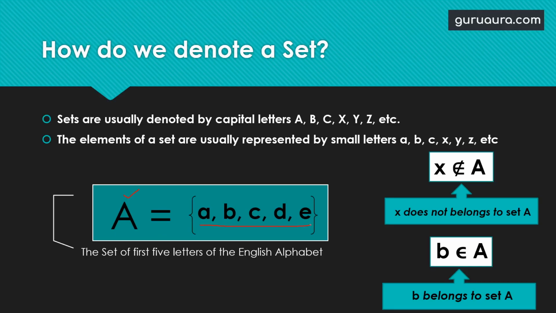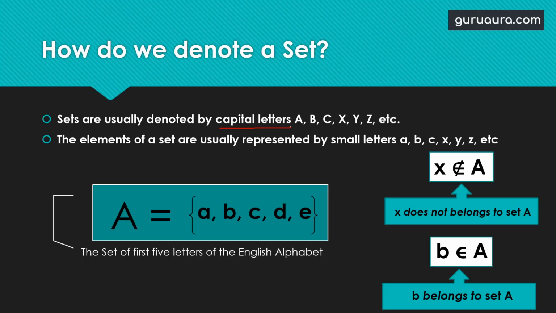Notice the use of lowercase letters to represent the elements of set A. So we should always keep in mind that if the set contains letters as its elements, then we preferably write using lowercase letters. And the name of the set is always written using capital letters.